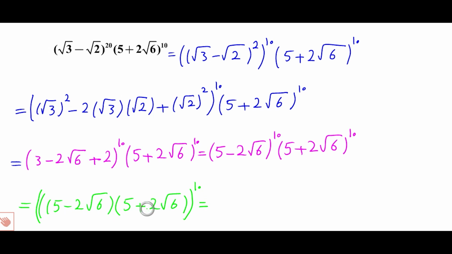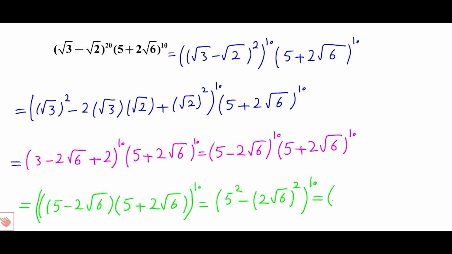So we have conjugate identities. So 5 squared minus 2 times the square root of 6 whole squared, whole to the power of 10.